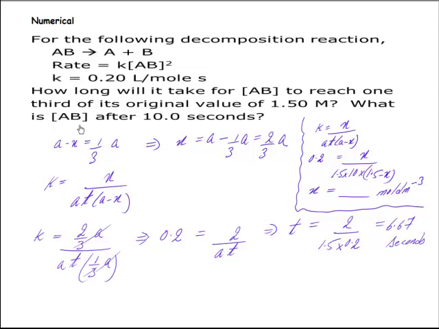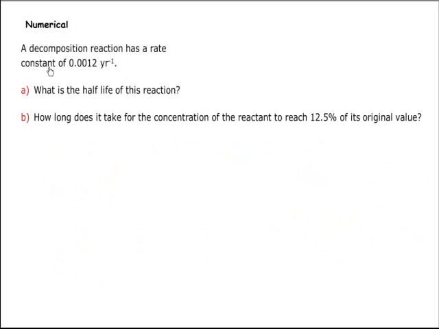And they are asking us what is the concentration of AB after 10 seconds. So what they are interested in is not X but A minus X. So once you calculate X, A minus X can also be calculated, and obviously the unit will be moles per dm cube. I'll leave this much of calculation to you all and go on to the next numerical.